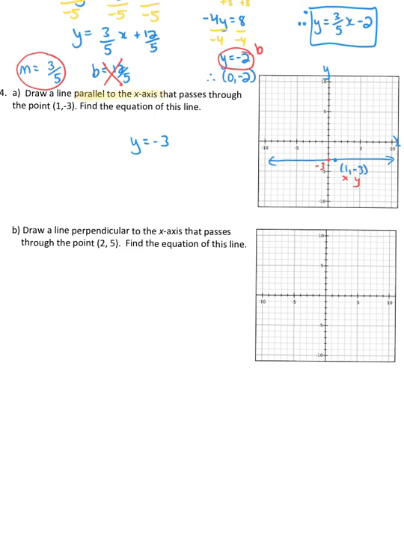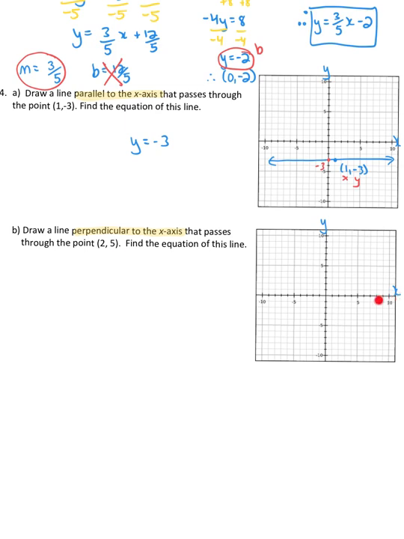And now let's look at 4b. We want to draw a line that is perpendicular to the x-axis, and it passes through the point (2, 5). So again, let's identify the x and y axes. So we have the horizontal axis is the x-axis.